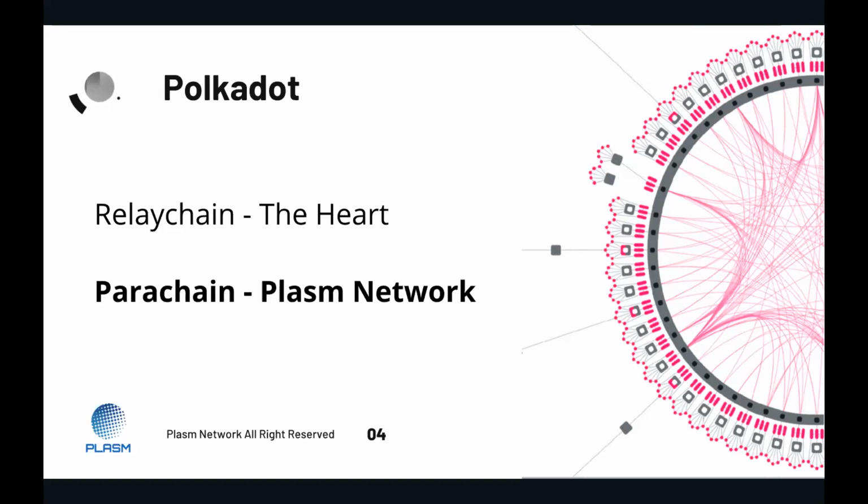When it comes to smart contract functionality, I think we have two important things. The first one is Ethereum compatibility. The second one is obviously a scaling solution, scalability, because blockchain does not scale by design. And this is where Plasm Network comes in.